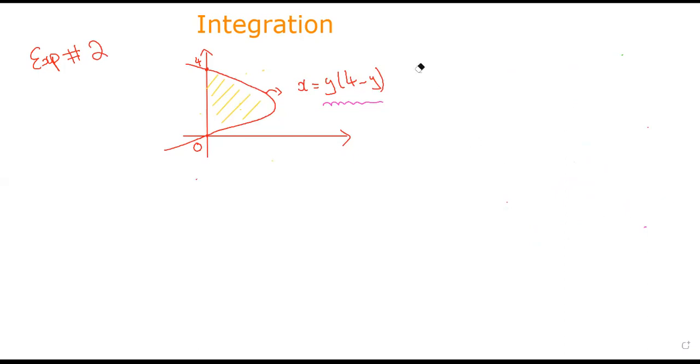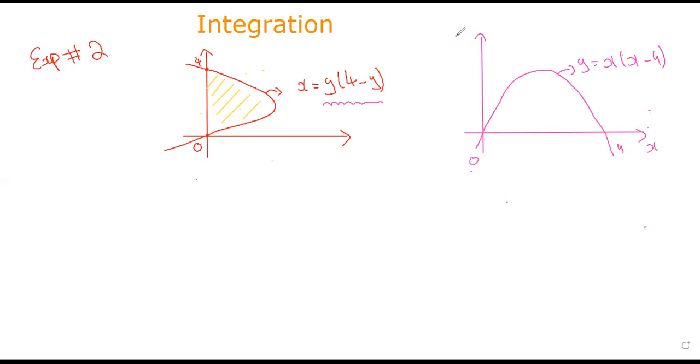I'll write down both the scenarios just so things are clear. So when we used to have y equals x into x minus 4, this is 0, this is 4, this is x-axis, and this is y-axis.